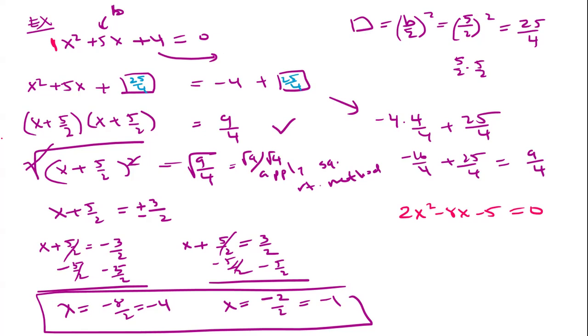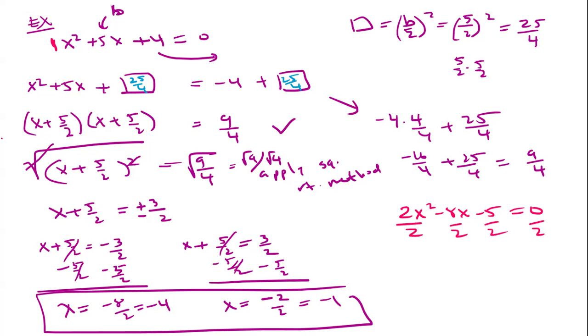Okay? So that means here we have a leading term of 2. So again, in order for us to complete the square, we must have a 1 in the front. So how do we make that 2 become a 1? What do we do? Divide by 2. Perfect. We divide everything by 2.